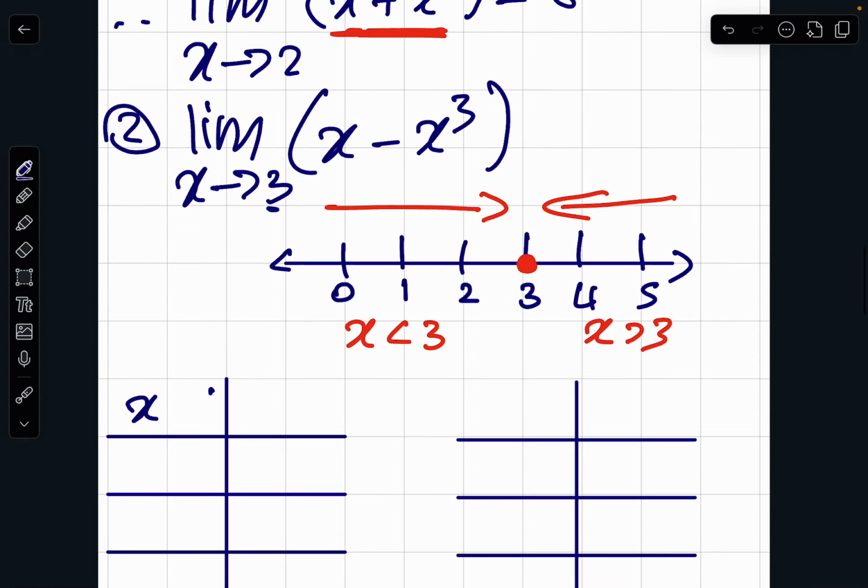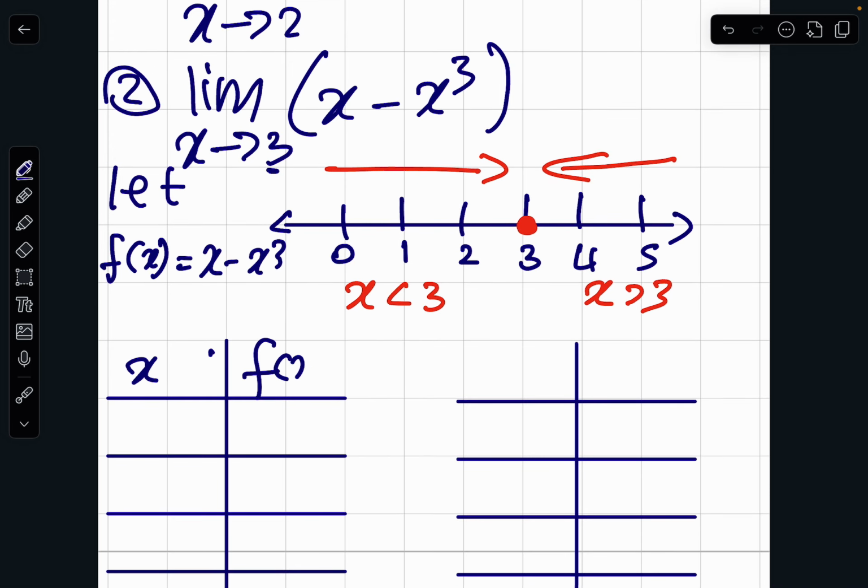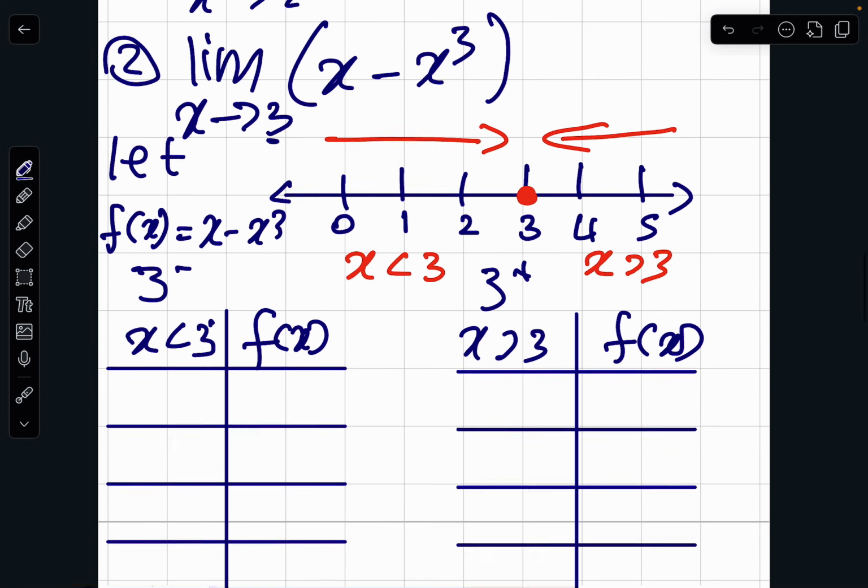This side you must start by saying let f of x equal x minus x cubed. Therefore you put your f of x here and your x here. We're approaching 3 from the left on this side and from the right on the other side. Therefore it's less than 3, greater than 3.